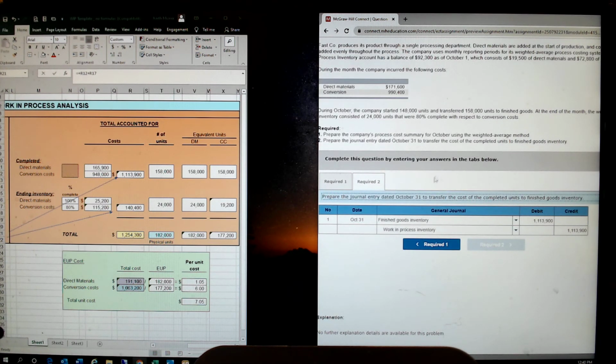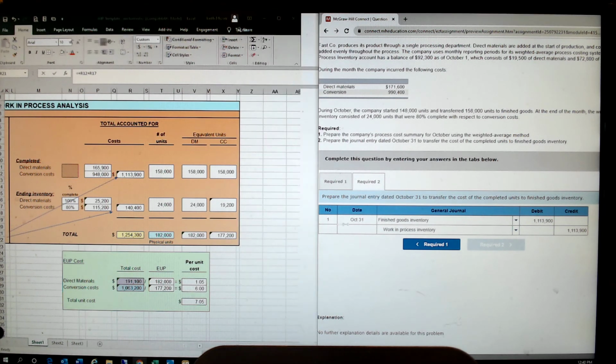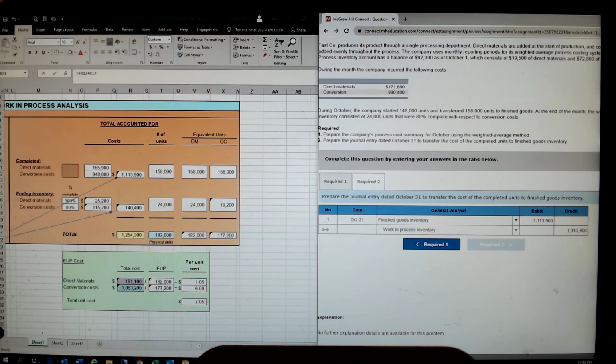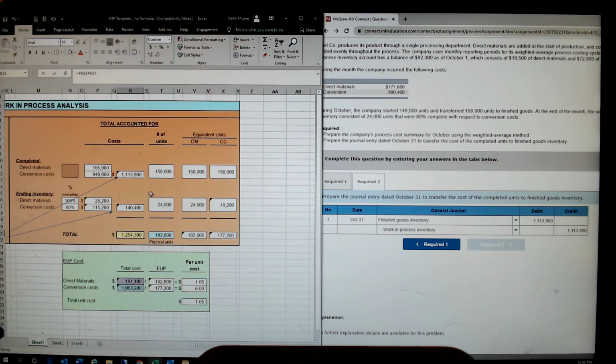In the second part of the question, they want to know what's the journal entry required as a result of all of this? Well, remember what I'm trying to do. I want to know how much of my total costs this period are assigned to the units that are done. I need to get this out of my work in process because they're gone. That's why we credit work in process for 1,113,900.